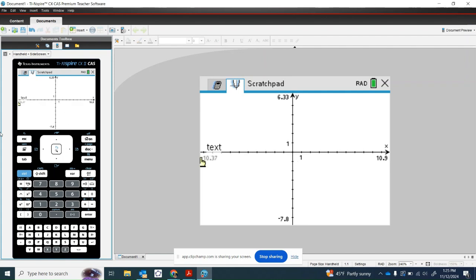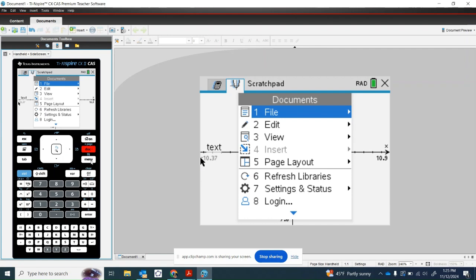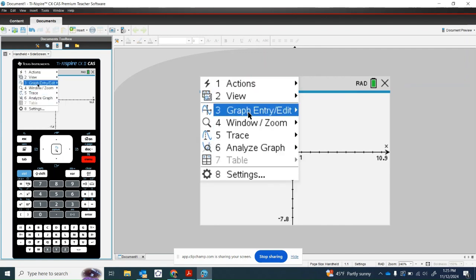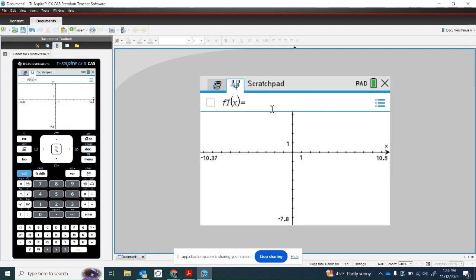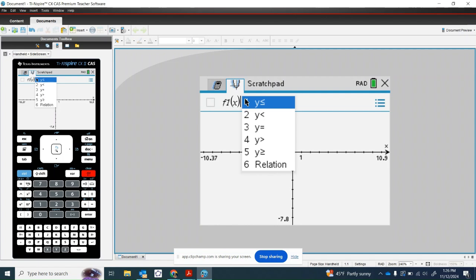All right. So if I want to graph the inequality, let me see if I remember. Okay, function. All right, so I hit delete, and then I can change the option to a different symbol.